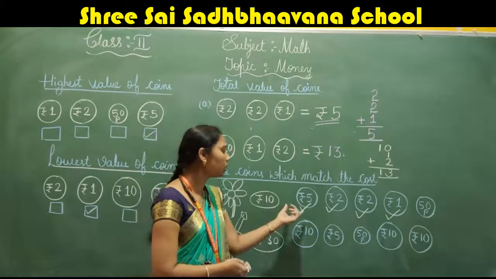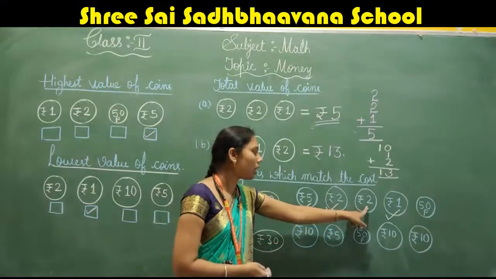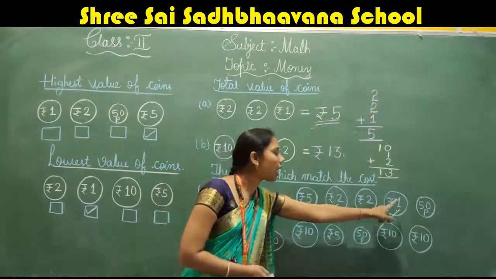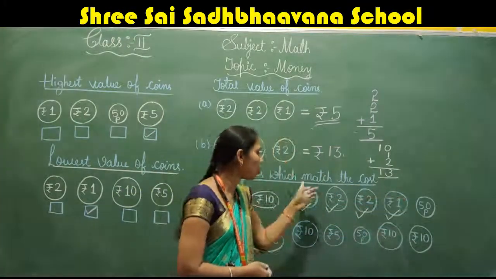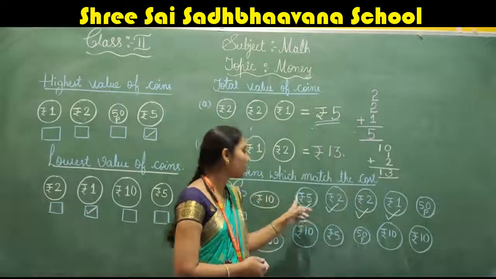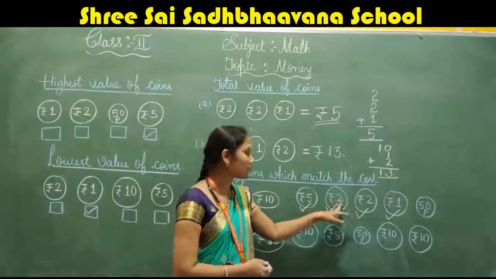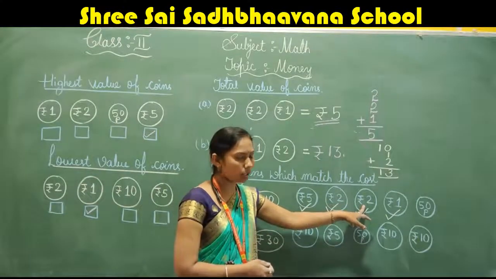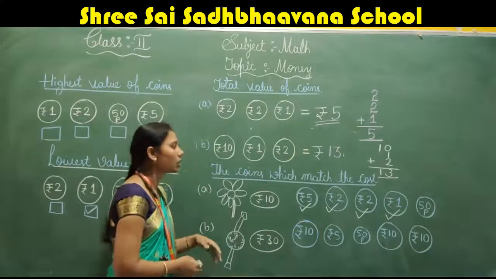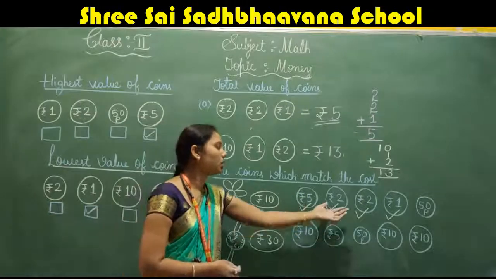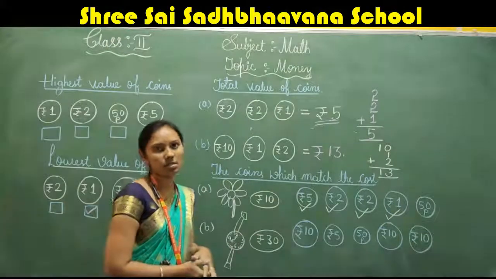You have given 5 rupee 1 coin, 2 rupees 1 coin, 2 rupees 1 more coin and 1 rupee 1 coin. So the sum of the coins you have given is 10 rupees. See here, 5 plus 2 is 7, 7 plus 2 is 9, 9 plus 1 is 10 rupees. Now you have matched the cost with the amount of what you have purchased.